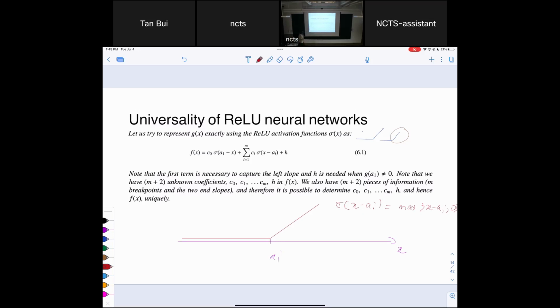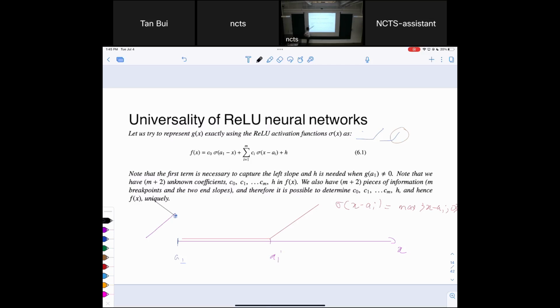Now we need this term, because remember that a1 is somewhere here, and the slope at a1 can be like this, or the slope could be like this. They're positive or negative. The positive one is okay.